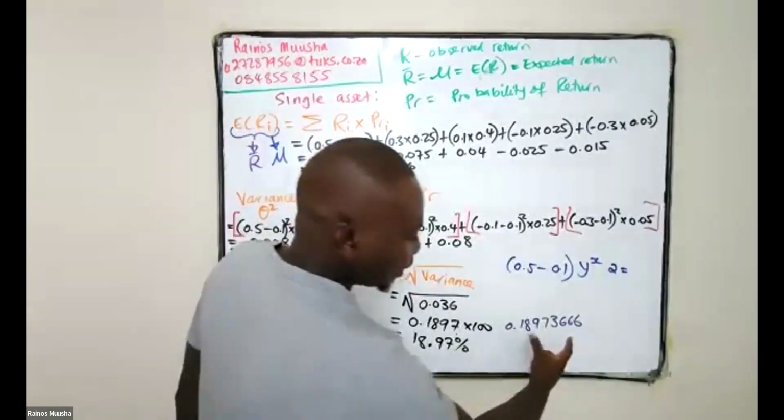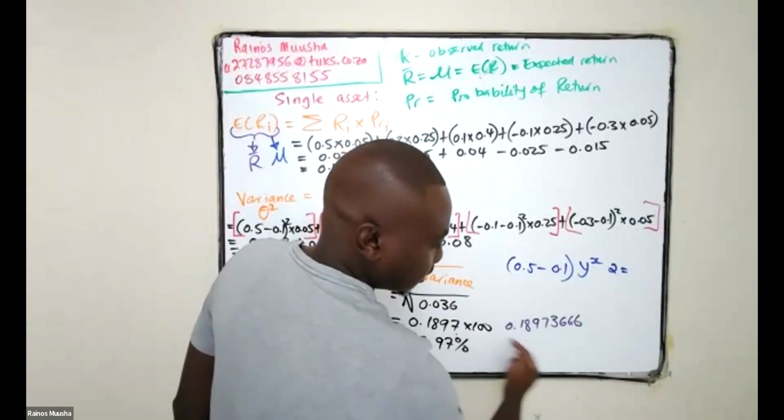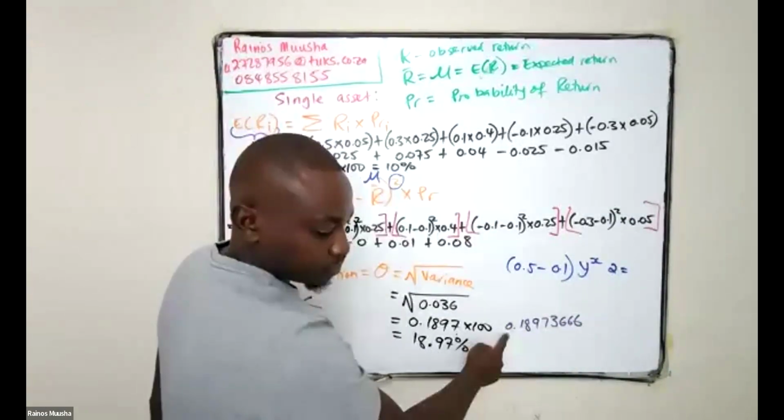Okay, it gives me many digits anyway. It's 0.18973. Okay, I can see now. So which means if you put it in 8 decimal places, this is the value that you get.